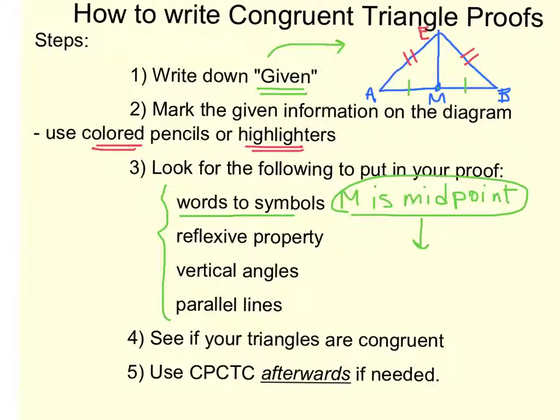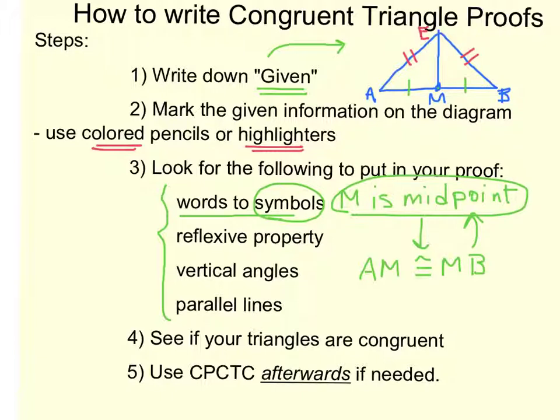So that's what I would do. I would write AM is congruent to MB by definition of what it means to be a midpoint. If this is a midpoint, those are congruent halves. So AM congruent to MB are the symbols that represent the words used in the given.